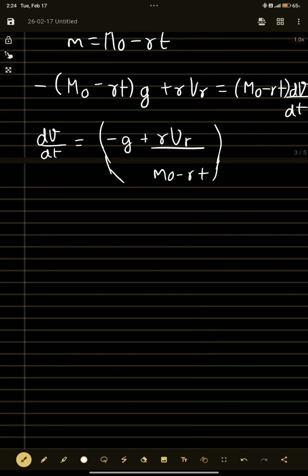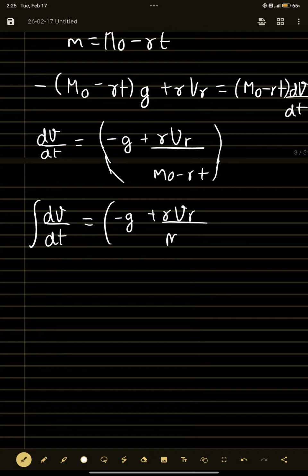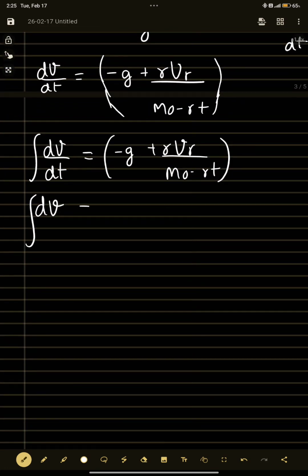Integrate. So let's say when it was the initial mass, when the rocket is just about to start with 0 velocity, the mass is m naught. So at t equal to 0, you can take time from t equal to 0 to some time t, or you can just integrate, get a constant of integration and set that to 0.